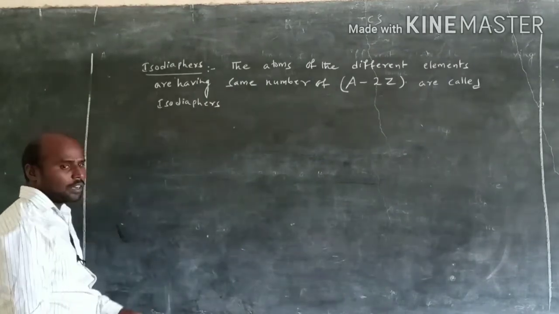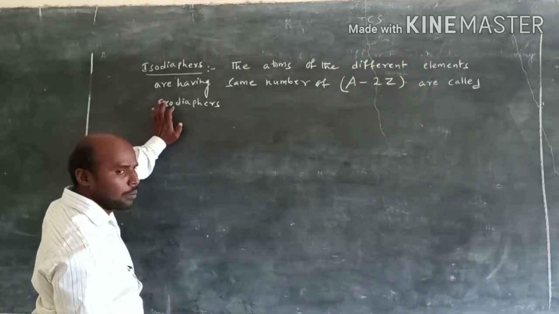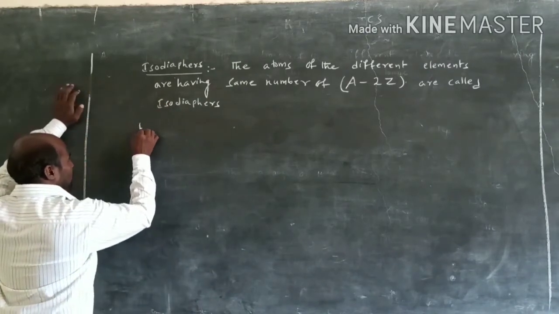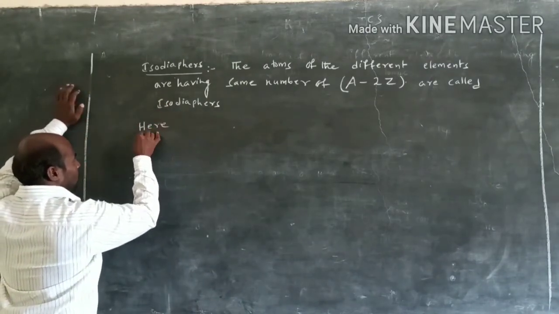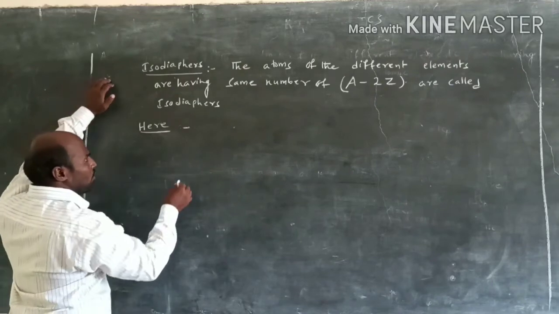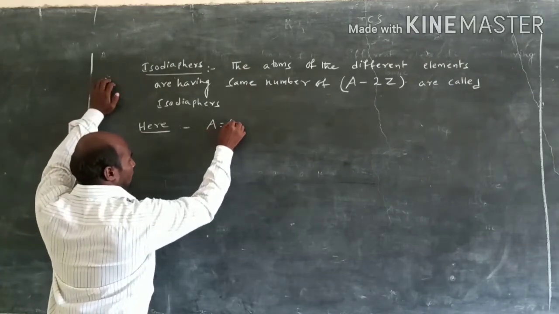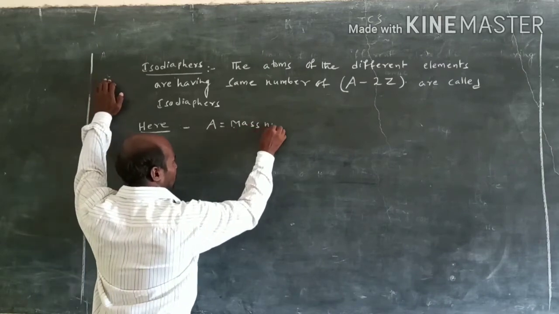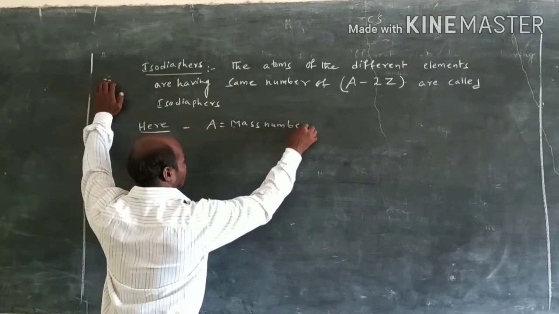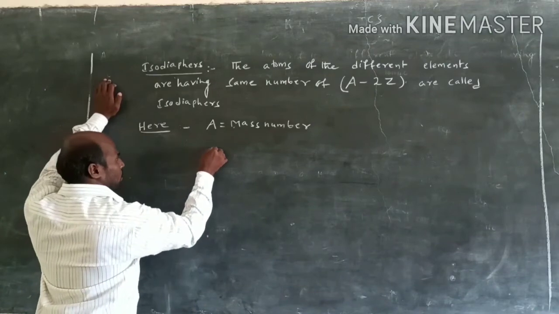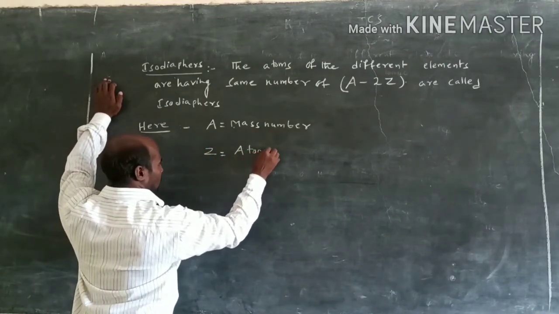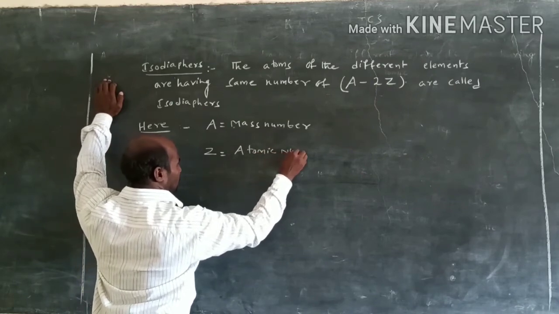The atoms of different elements are having the same number of A minus 2Z. Here A is equal to what? Mass number. Z is equal to atomic number.